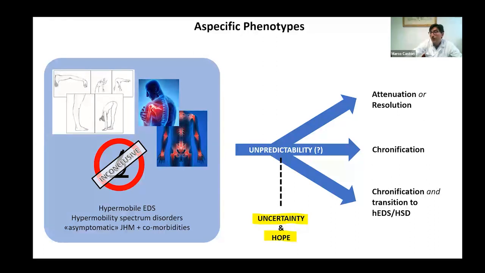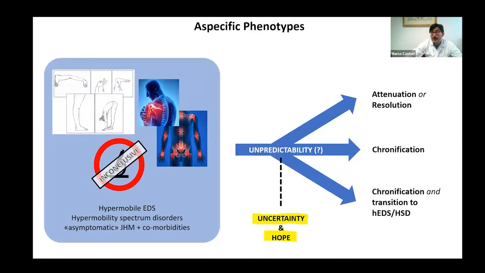In children, while the identification of a causative variant in a gene associated with one of the pleiotropic monogenic disorders featuring joint hypermobility corresponds to a diagnosis of a chronic disorder, this is not always the case for aspecific phenotypes. In fact, at the moment, we do not have any reliable element or marker able to accurately predict the evolution of the phenotype in the following months and years.